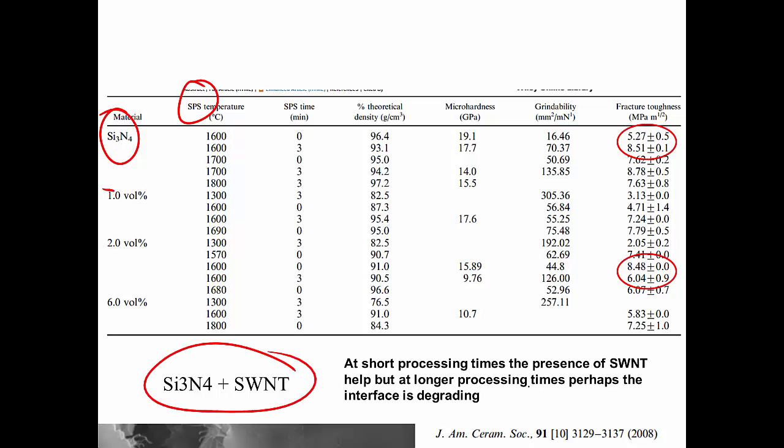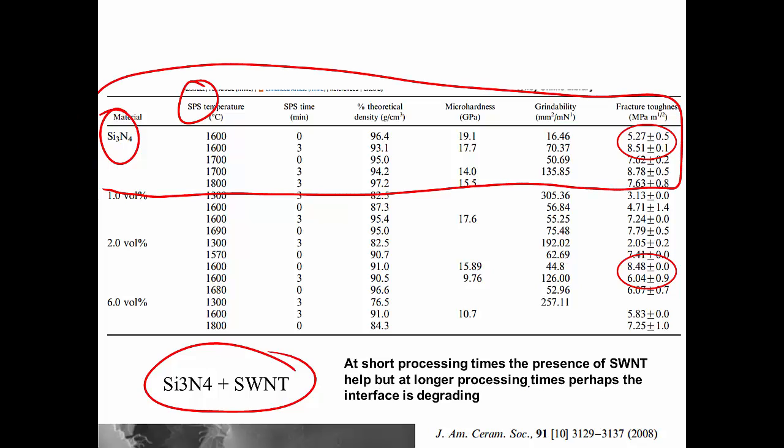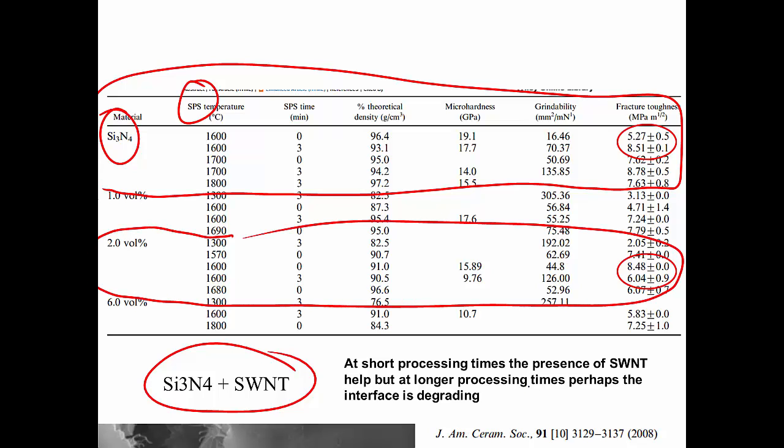What you see here are the baseline properties, and here are the properties with increased amount of carbon nanotubes. And what you see is that if the processing is very quick, there is an increase of the fracture toughness by the presence of the carbon nanotubes, but if there is processing for a certain period of time, here about 3 minutes, that effect actually is reduced.